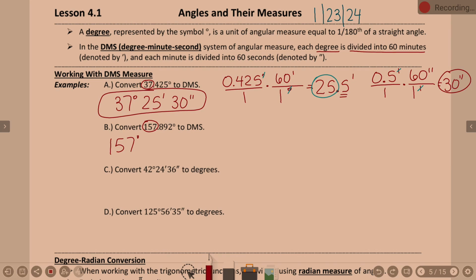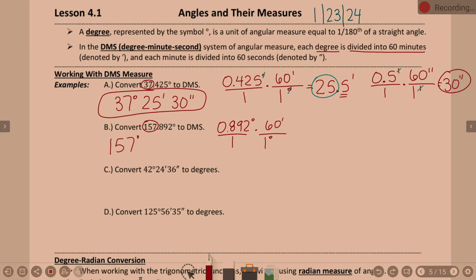What does that mean I have left over at this point? 0.892 degrees. What am I going to convert degrees to? Minutes. We need this partial degree to convert to minutes. What's the connection? 60 minutes over 1 degree. Yeah. 1 degree is equal to 60 minutes.